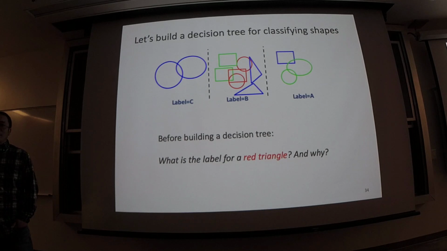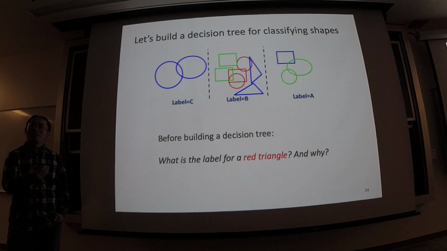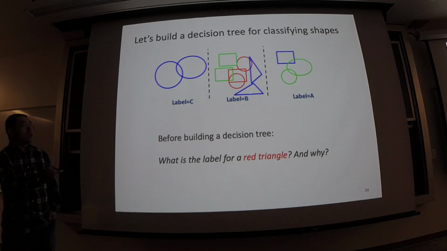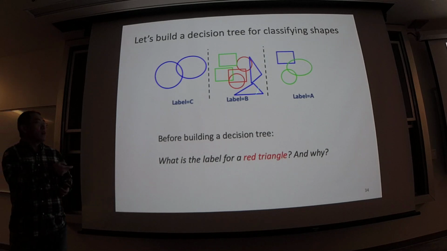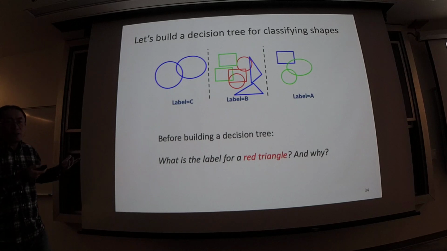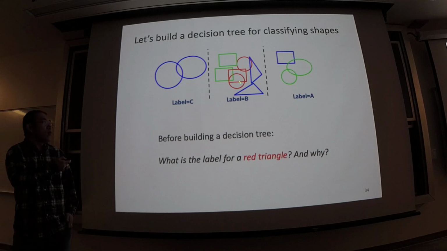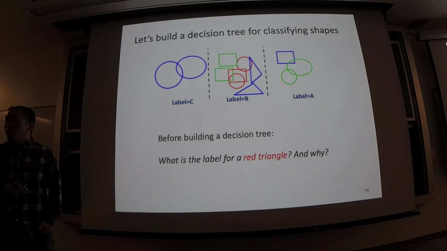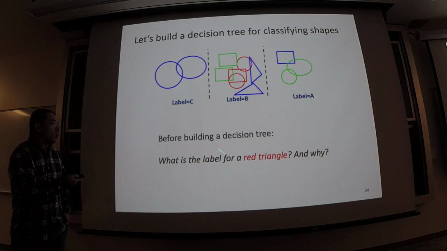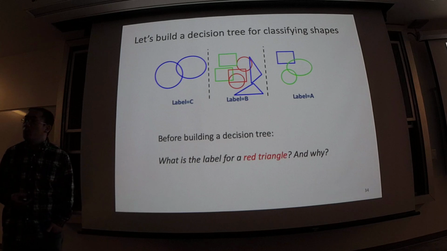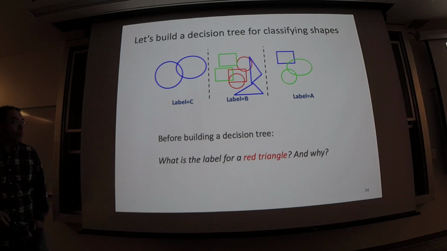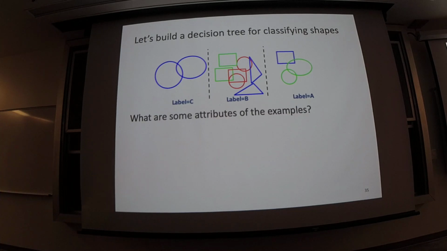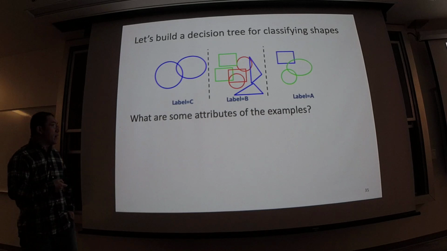That's where all the reds are, and that's where all the triangles are. Yes, right? It's very intuitive. No matter what kind of shapes those instances have, as long as it's red, it has the label B, right? So naturally we want to assign a red triangle label B as well.